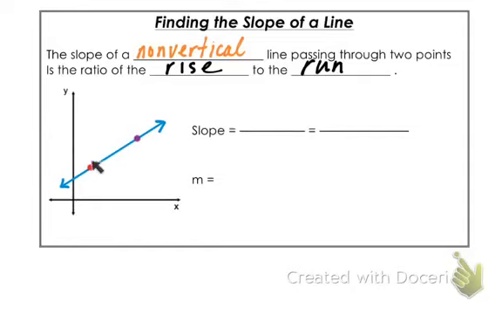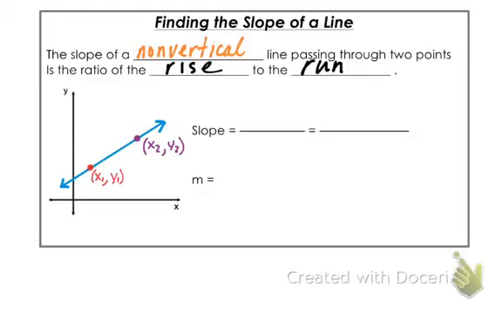Now we don't know specifically what the coordinates of these points are, so we're going to label them x sub 1, y sub 1, and x sub 2, y sub 2. The little numbers are just labels, identifying that this is x number 1 and this is the second x, so we know which point corresponds to which exact dot.